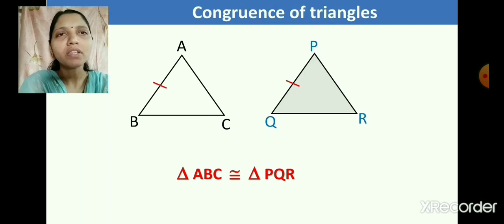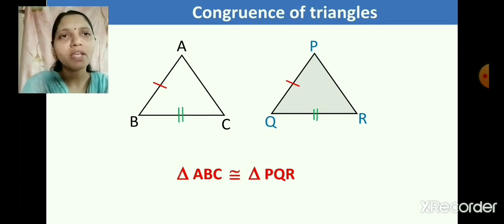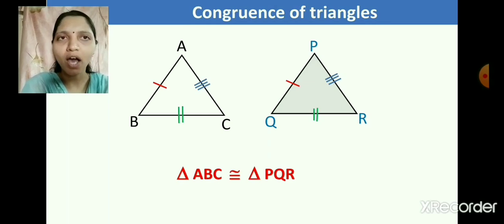If the corresponding sides of these two triangles are equal, then we can say that these two triangles are congruent. So what is the meaning of corresponding sides? That means if side AB is equal to side PQ, side BC is equal to side QR, and side AC is congruent to side PR, then we can say that triangle ABC is congruent to triangle PQR.